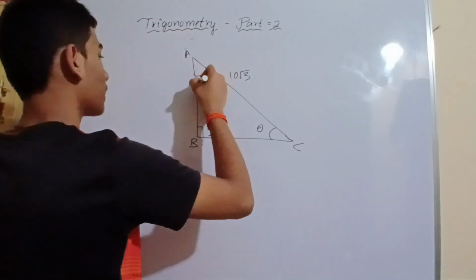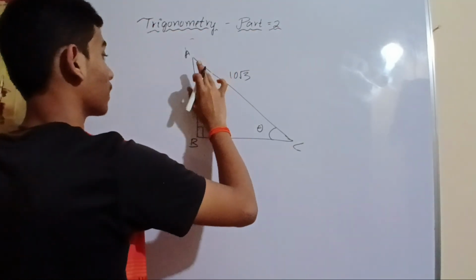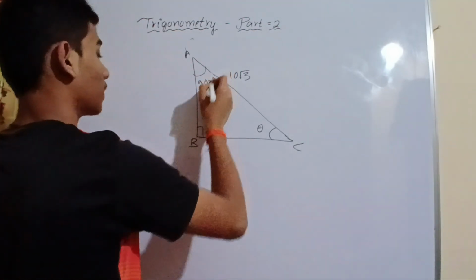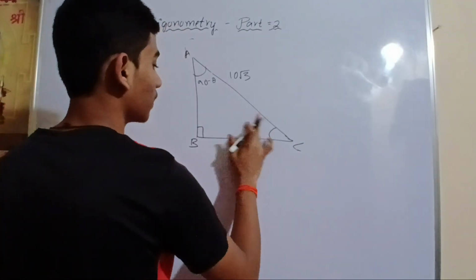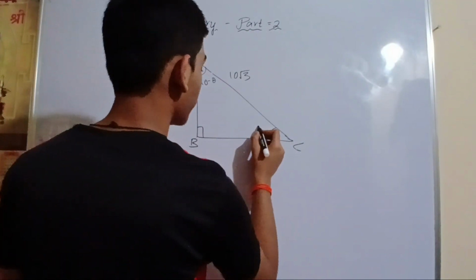Theta, 90 minus theta. Let's give theta 50 degrees.